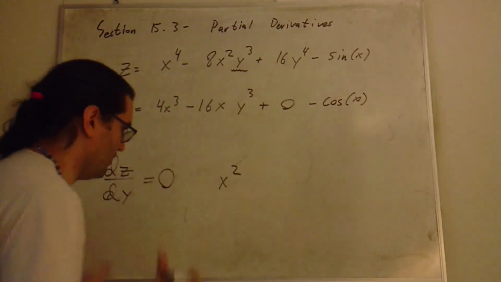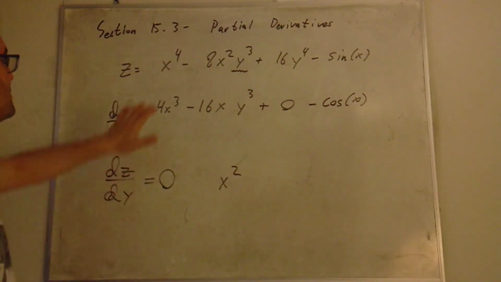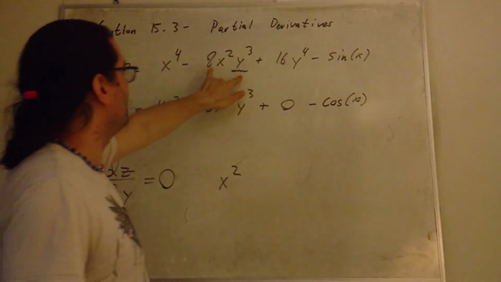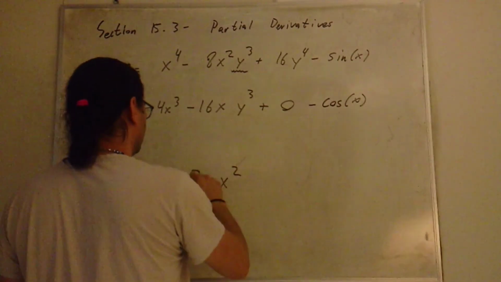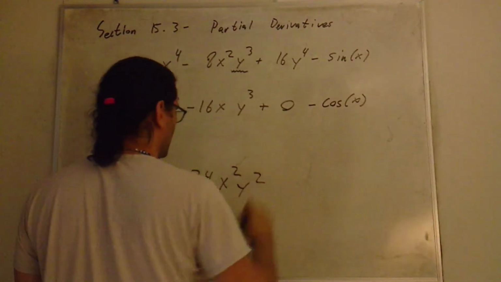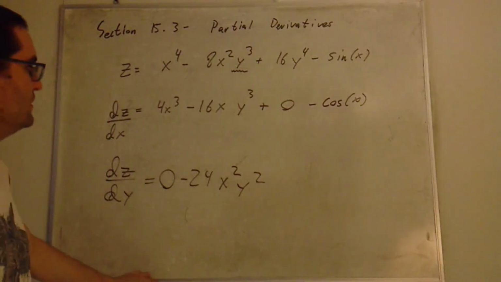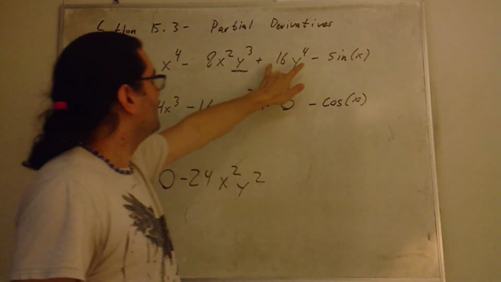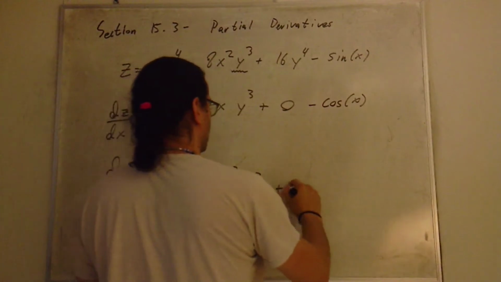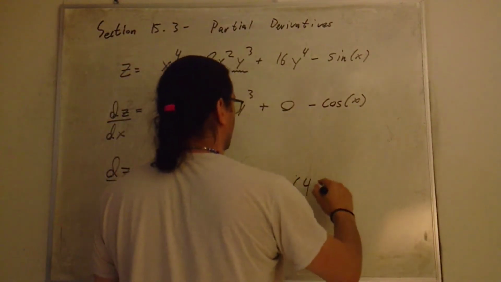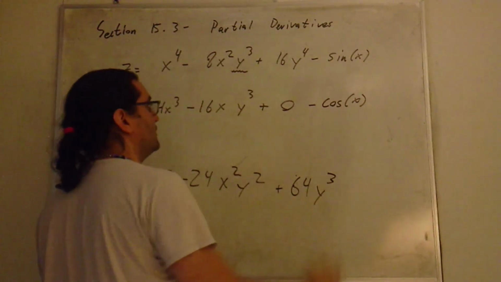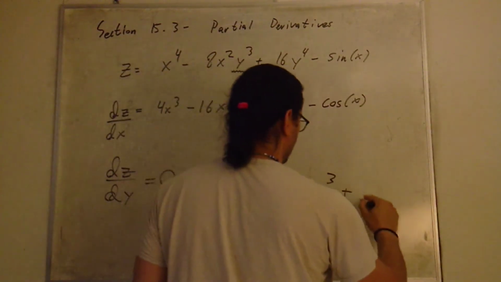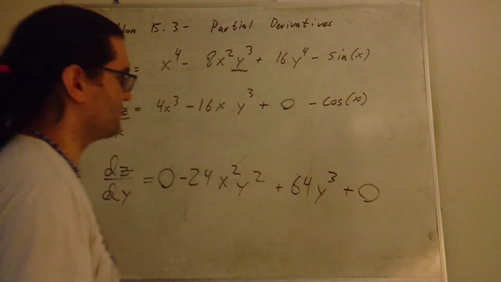We're going to leave it alone. It's not going to change. Coefficients are safe. Derivative of negative 8y cubed should give me negative 24y squared. Derivative of this should be 64y cubed. And derivative of sine of x is 0 because there's no y's involved there.